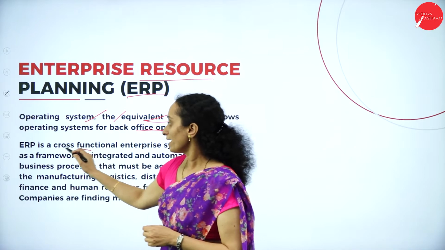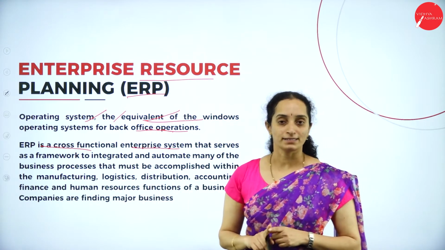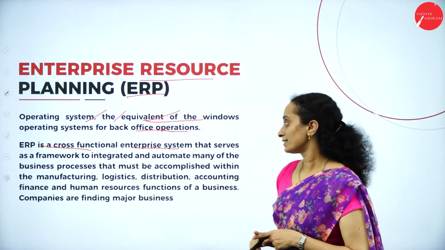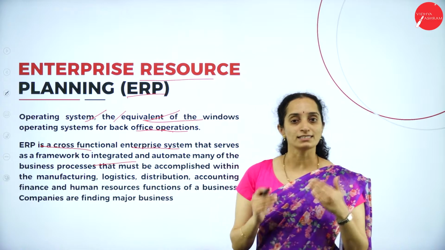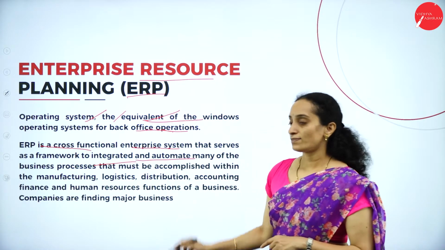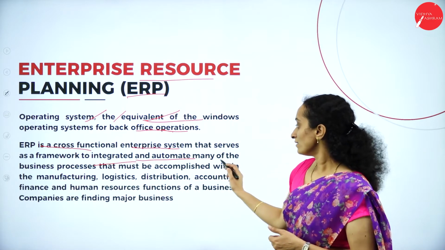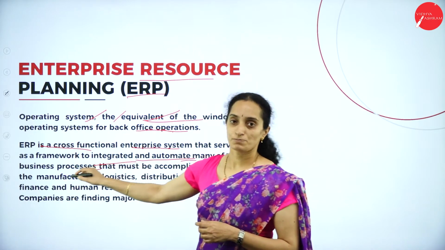ERP is a cross-functional enterprise system. It integrates the enterprise and serves as a framework. It has a structure to get things integrated, which will help in automating many of the business processes.